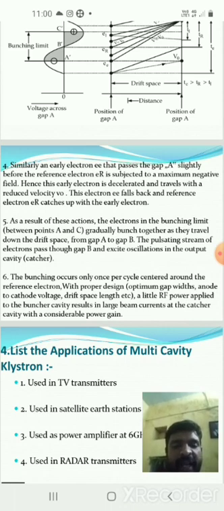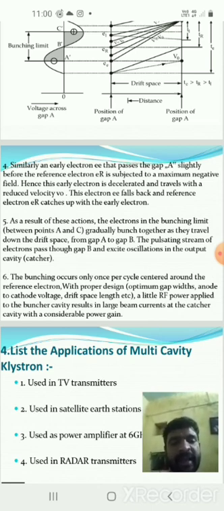The bunching occurs only once per cycle, centered around the reference electron with proper design. Optimum gap width, anode to cathode voltage, drift space length, and a little RF power applied to the buncher cavity result in large beam currents at the catcher cavity with a considerable power gain.